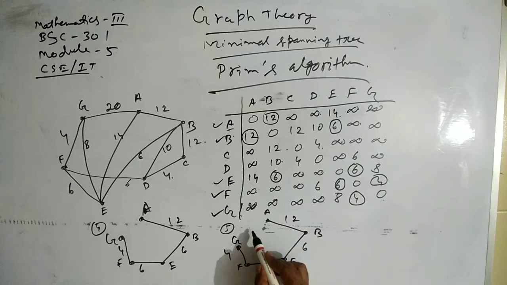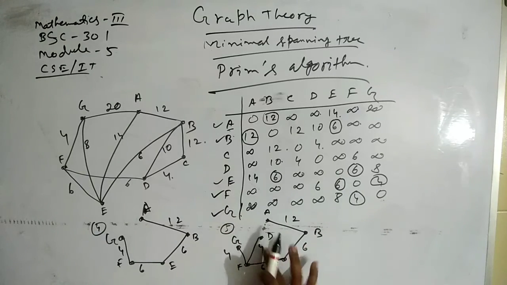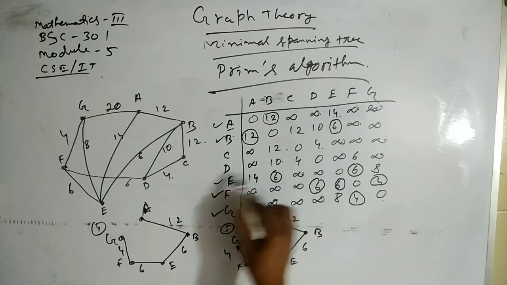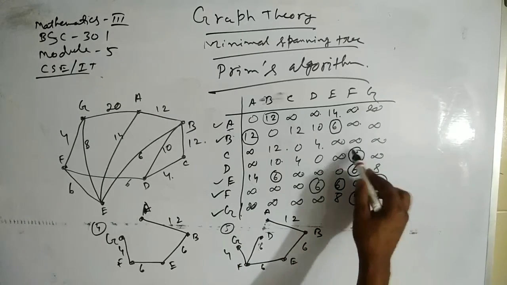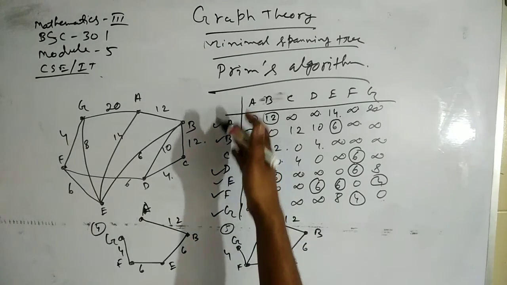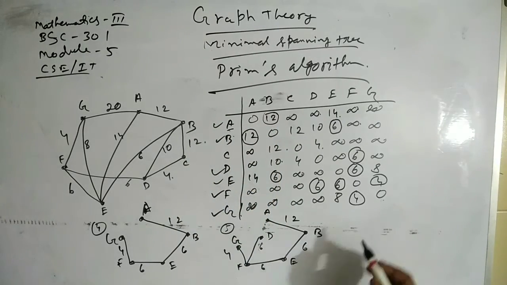FD is 6. FD is 6 means DF is 6. Okay, we have got the new vertex D. So now we have to choose the minimum weight in these 1, 2, 3, 4, 5, 6 vertices.